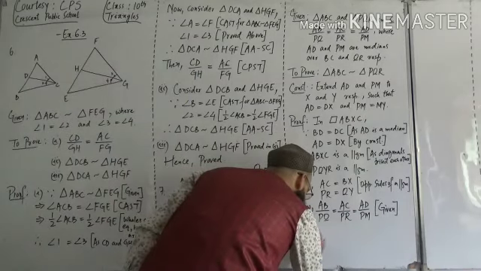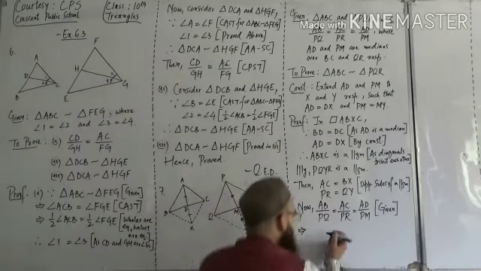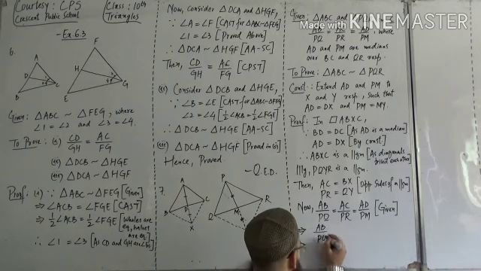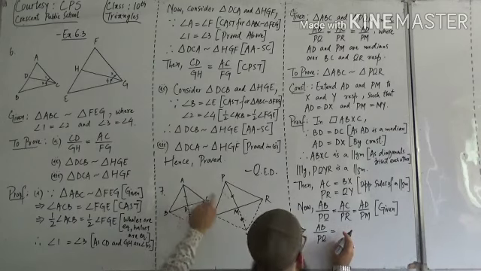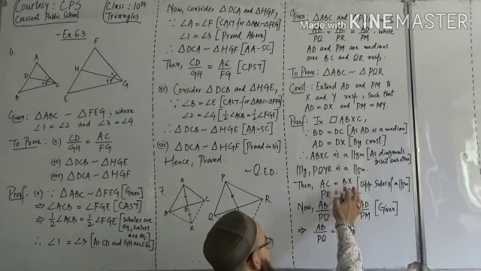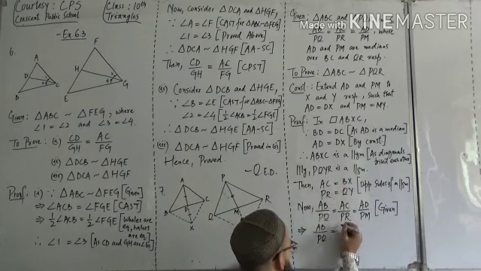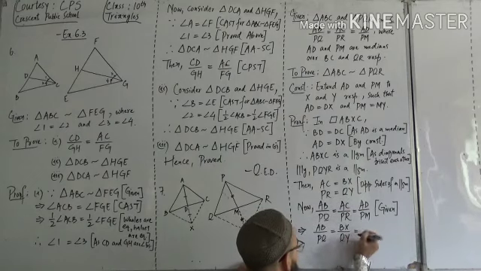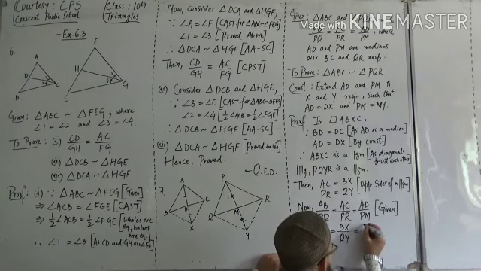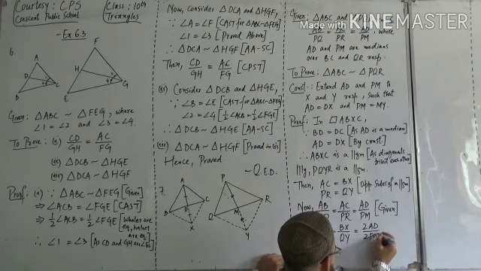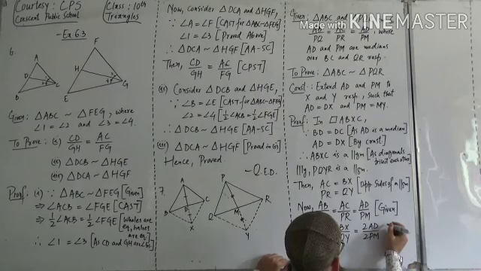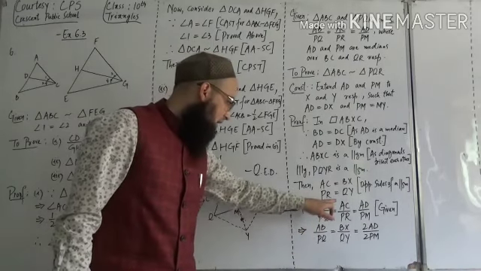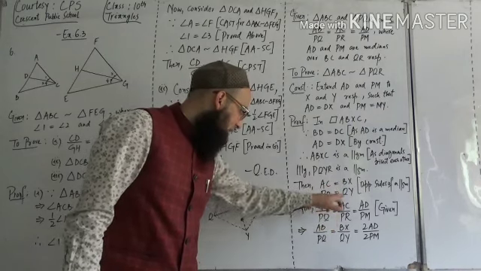Which implies, AB by PQ, then replace AC by BX because AC is equal to BX, we just proved that, and replace PR by QY, is equal to twice AD by twice PM.